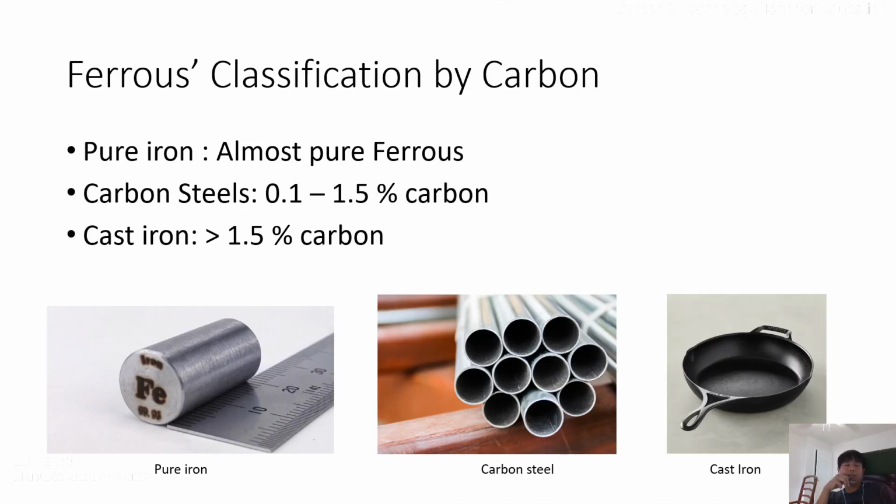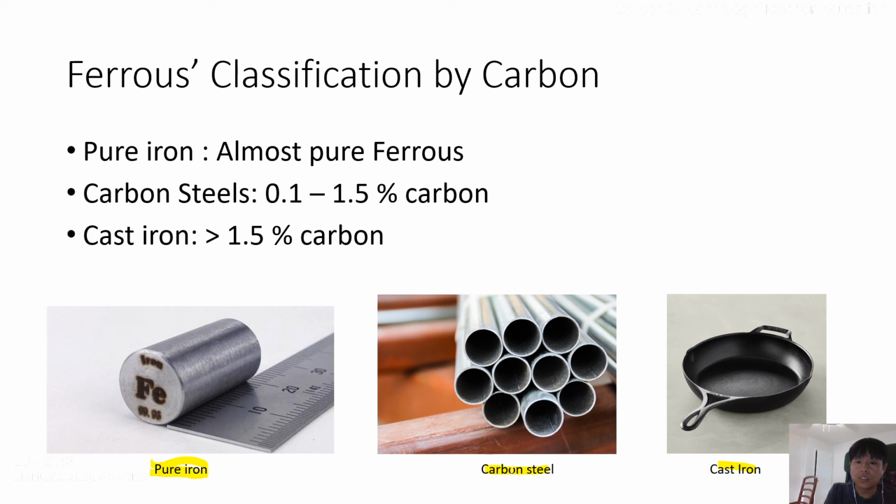All right, let's look deeper at the ferrous classification by percentage of carbon. This is pure iron. As I told you, you may have seen this type of pure iron in your daily life because it is very malleable, meaning easily bent or fragile. That's why we don't use pure iron for metallic products. Instead, we use carbon steel, cast iron or other alloy materials.